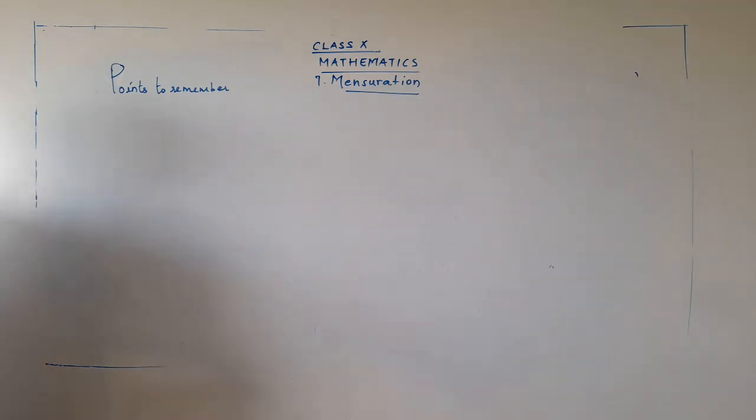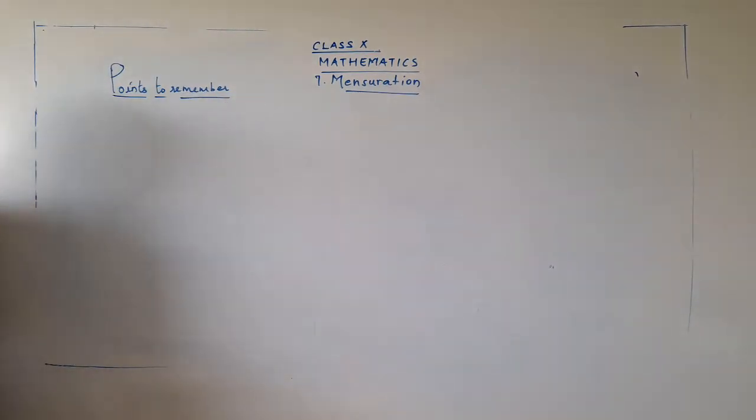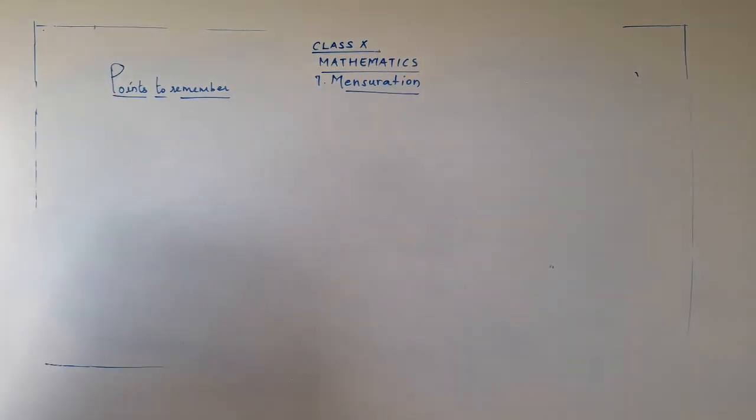Take a new page, write down today's date, take down unit number 7, mensuration. Give the heading as points to remember, and you are going to refer to your textbook.